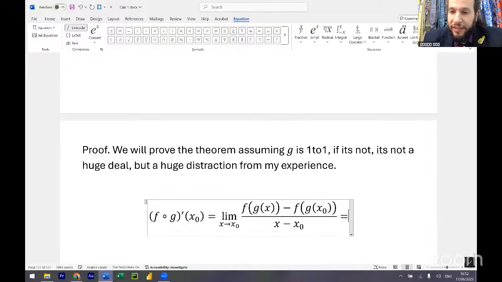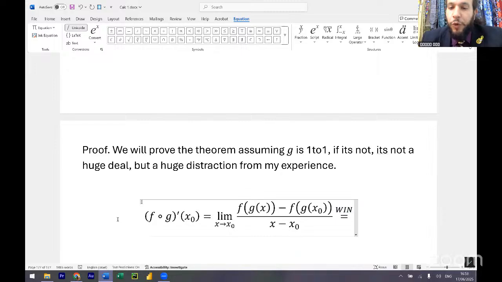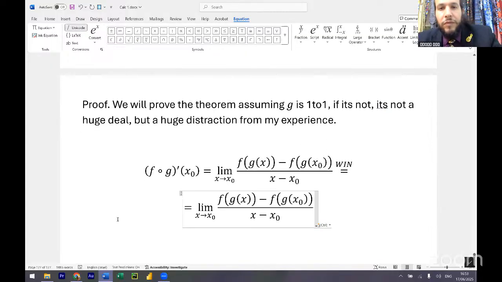Can anyone guess what would be the win here? What would be nice? What can I change here that will make it simpler? This is the change of f.